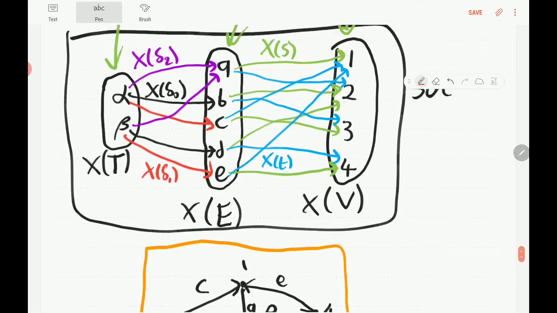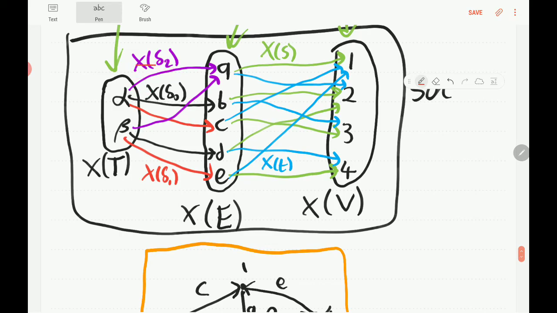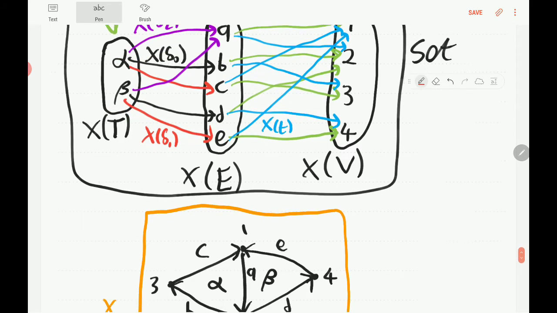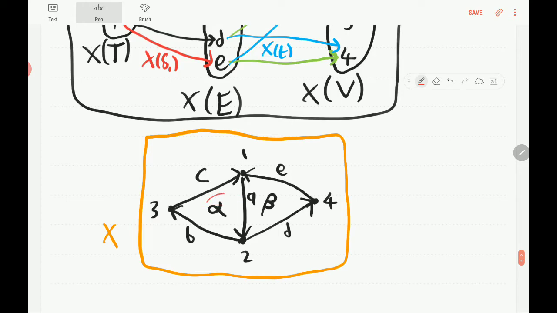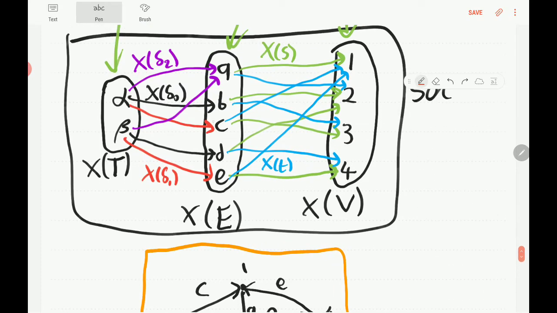Now, when we get one of these triangles, let's say alpha, and we do X of delta 1 upon it, we look at the middle side, so we look at the 3 vertices around the outside of alpha, there's 1, 2, and 3, we look at the one with the middle size, and then we look what's the edge opposite it, and that's C. So we think that delta 1 of alpha should be C.